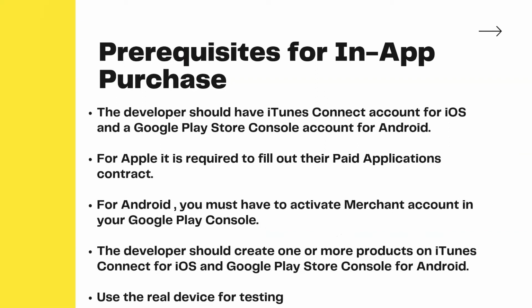For iOS, we need to fill out the paid application contract, which is present on the iTunes dashboard, and request it. If we do not follow this step, then our in-app purchase will not work. And for Android, we should have a merchant account. We can activate our merchant account from the Google Play Console or the settings tab.